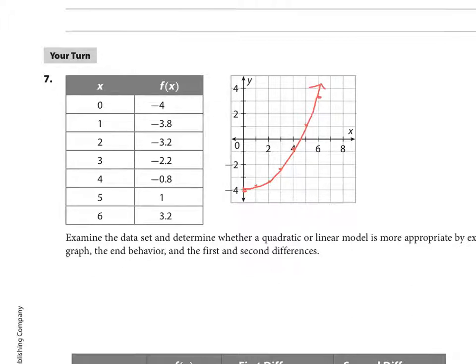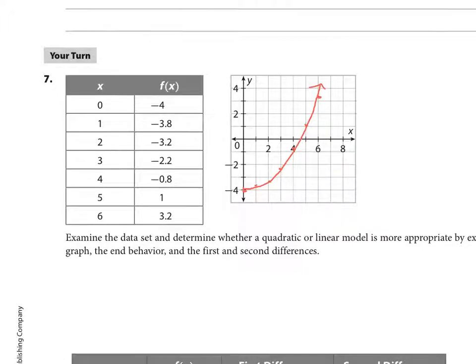If you think on this end that it just flattens out, that's what an exponential would look like. But because we don't really know what the behavior is on this other end, it could actually do something like this and curve up, and then it's a quadratic. What we do know is that it's not a linear.